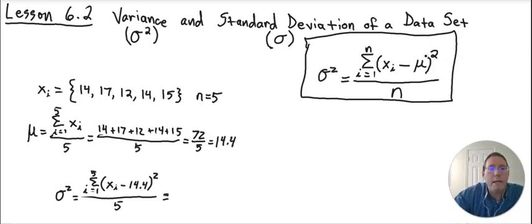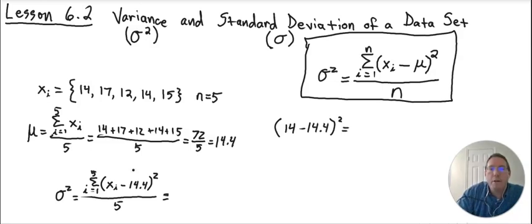All right, so what we need is, for each i, which is 1, 2, 3, 4, 5, we need to do this binomial that then becomes squared. So we need to do x1 minus 14.4 and then square it, okay? All right, well, let's go ahead and do that over here. What is x1? It's 14 minus 14.4 and then square it.